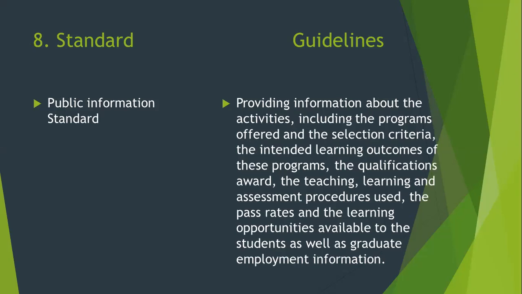Public information standards: providing information about the activities, including the programs offered and the selection criteria, intended learning outcomes of these programs, the qualifications awarded, teaching, learning and assessment procedures used, the pass rates and learning opportunities available to the students, as well as graduates' employment information.